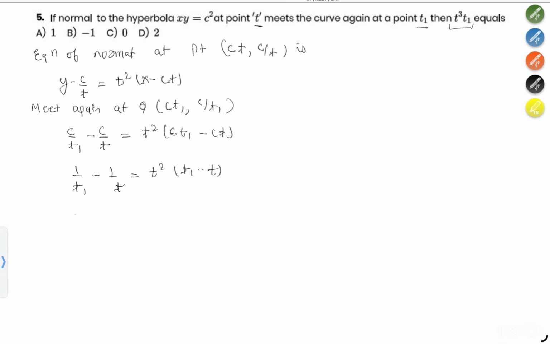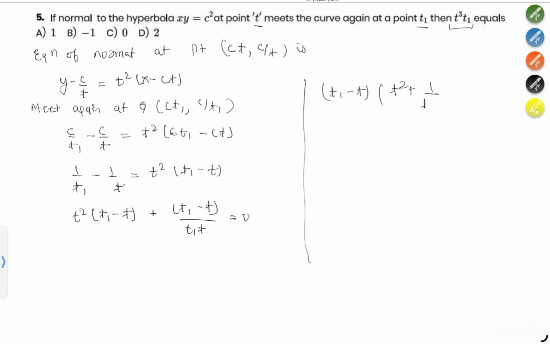So simplify it further. So you will get t square times t1 minus t plus t1 minus t over t1 into t, and this has to be equal to 0. Now we can take t1 minus t common from this equation, and the other factor is t square plus 1 by t into t1.